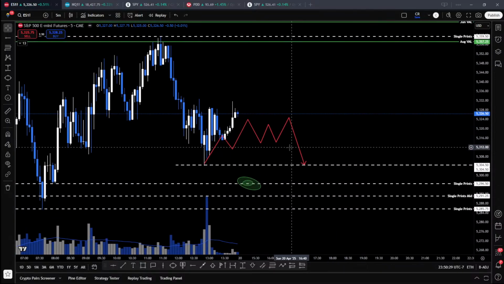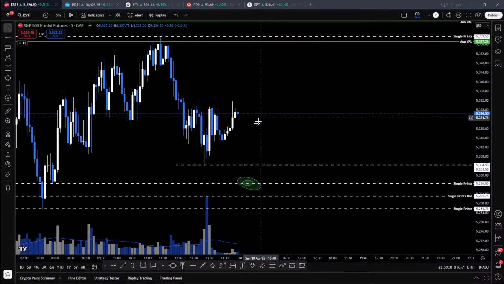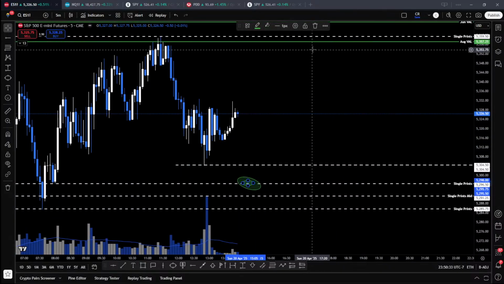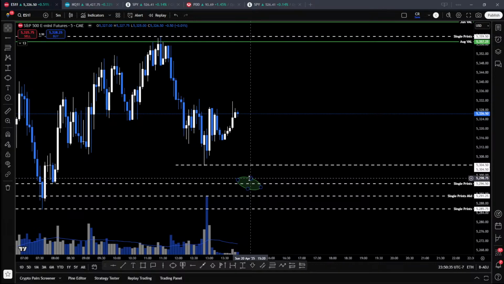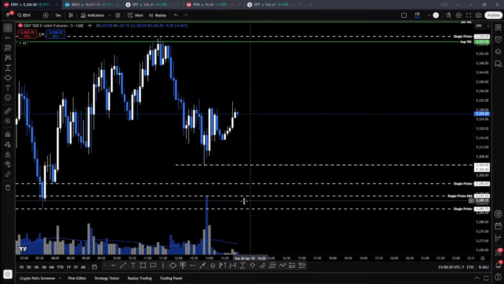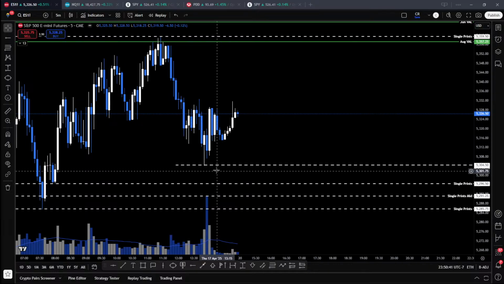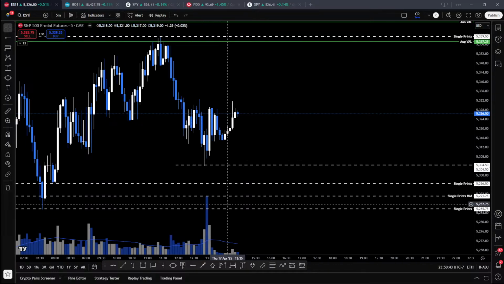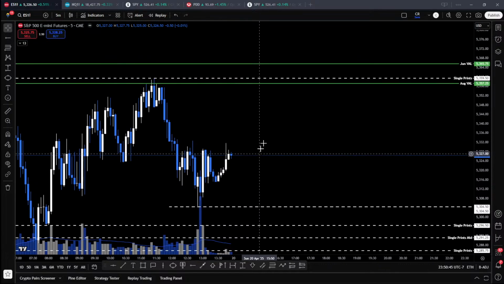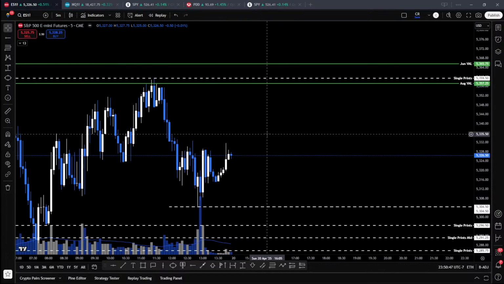if I place my stop loss at 5,296, and 5,296 gets touched, I get stopped out. And if I put my take profit at 5,357, and 5,357 gets touched, my take profit gets filled.